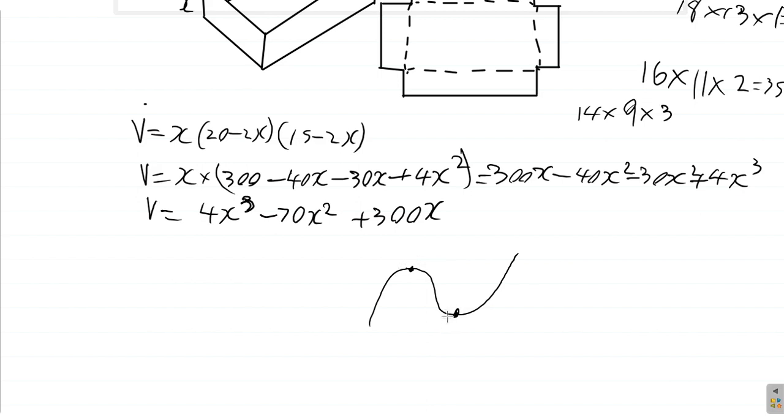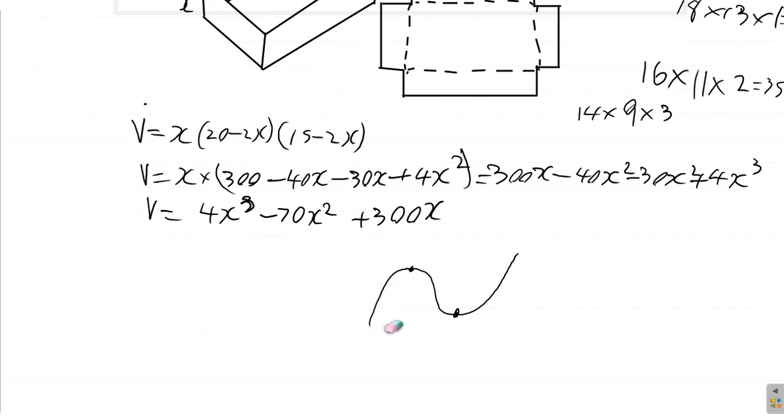How do you find out exactly where the maximum and minimums are? You remember? You differentiate this function. When you differentiate, what you find is the gradient function. And the gradient at the maximum and minimum is 0. So you equate it to 0 and solve. You see that?